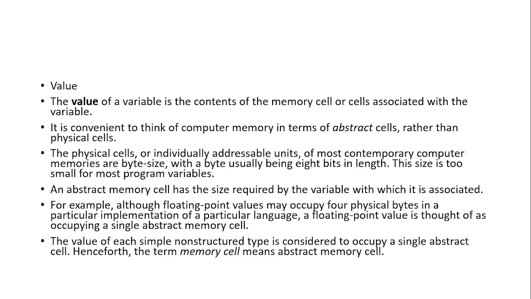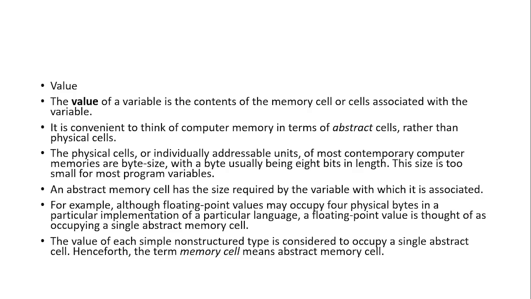This size is too small for most program variables. So an abstract memory cell has the size required by the variable with which it is associated. For example, floating point values may occupy 4 physical bytes in a particular implementation of a particular language, but a floating point value is thought of as occupying a single abstract memory cell.